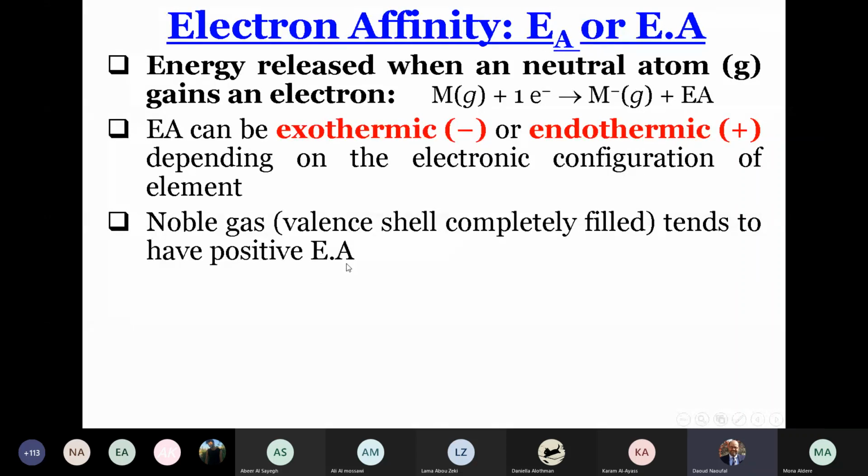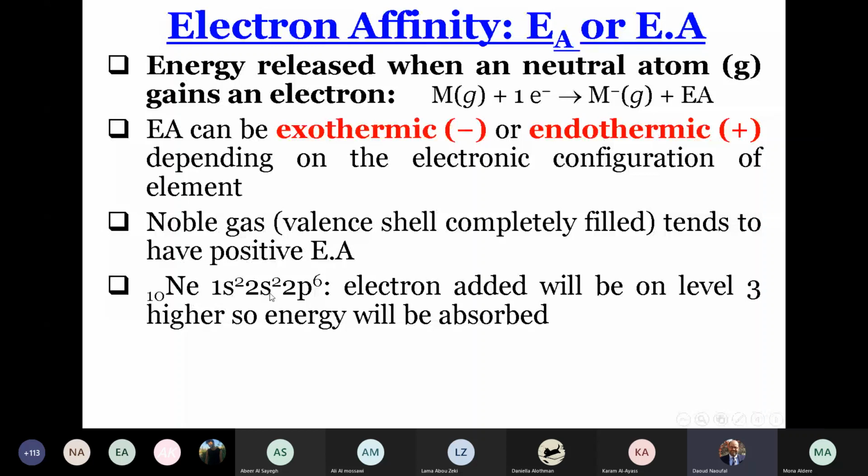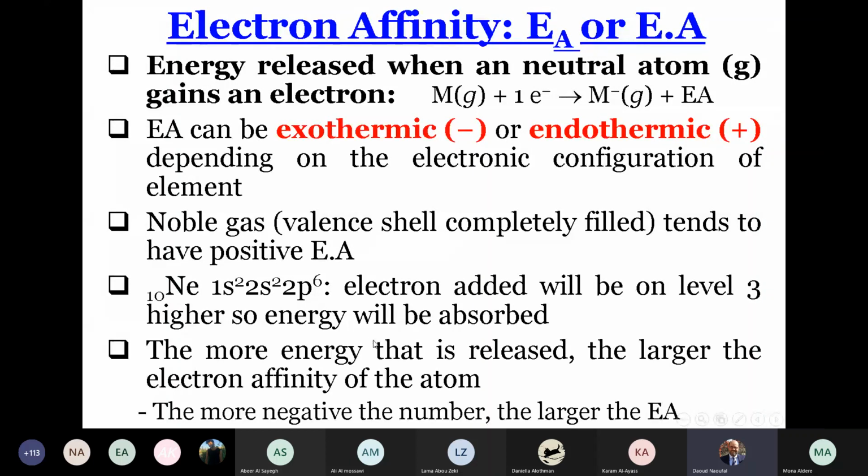It should pass to a higher level. 1s2, 2s2, 2p6 is the electron configuration of neon, 10. So the electron added could not occupy p6 since this level is completely filled. It passes to higher energy, so the electron affinity is positive.